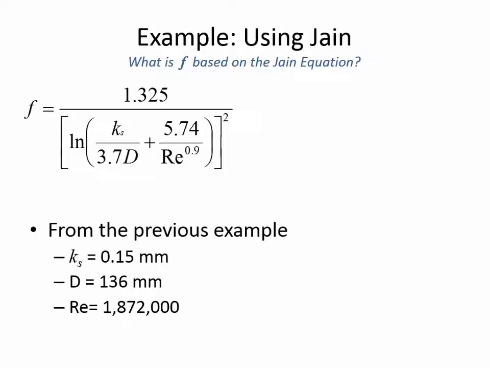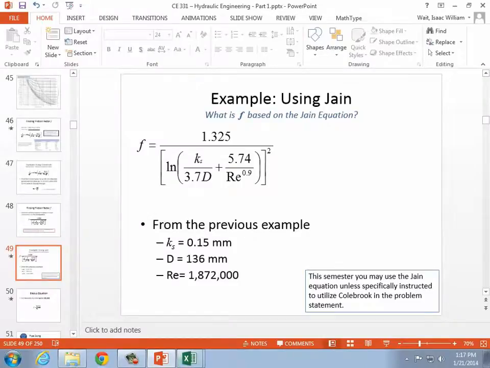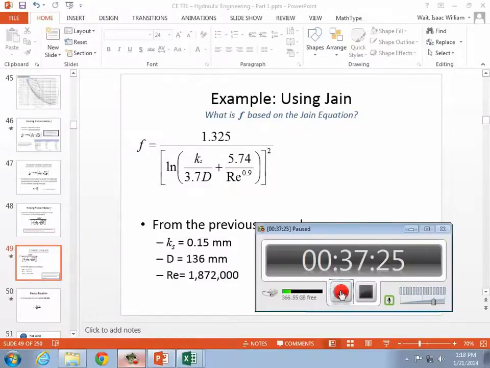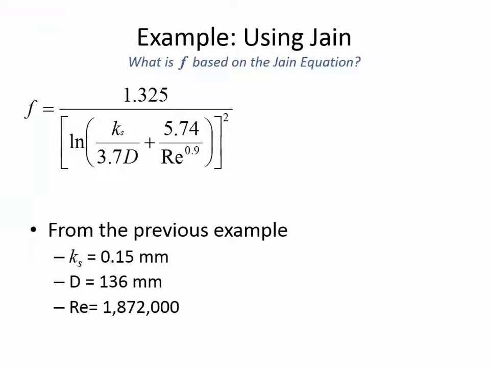Find out what this quantity is, and then find out what this quantity is. It makes it a little bit easier to double check your work as well. So the f value according to the Jain equation is 1.325 divided by the logarithm of two different things.